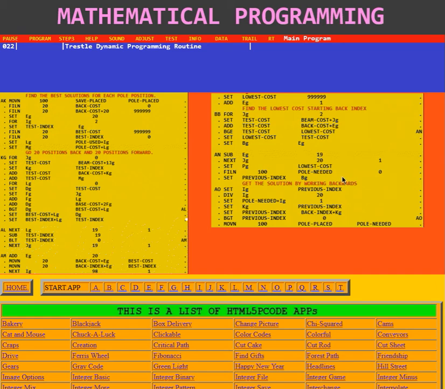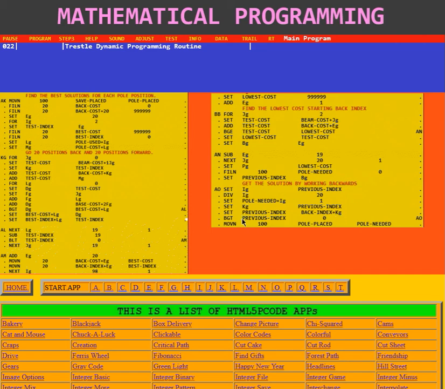Notice all the others are 0, but this position is a 1 because it says that is the best position going back. Then it sets KG to the previous index. Wants to put that in an offset register, so here it can say the previous index now is the back index at offset KG.